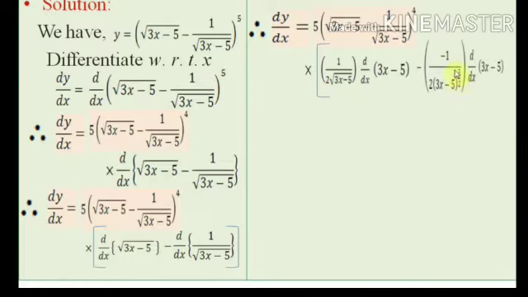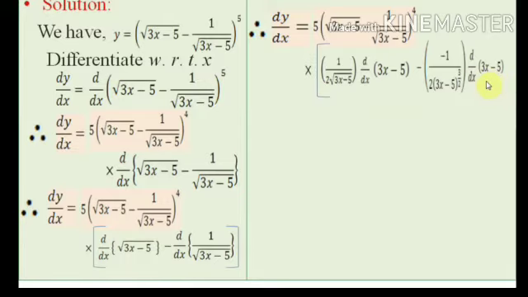Therefore the derivative is minus 1 upon 2 into, instead of x, f of x, that is 3x minus 5 raised to 3 by 2, into again the derivative of f of x, that is 3x minus 5.